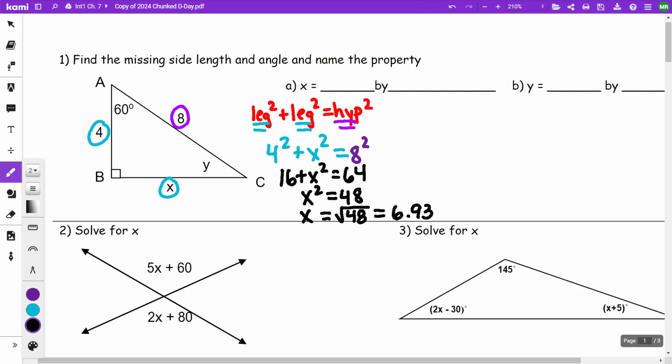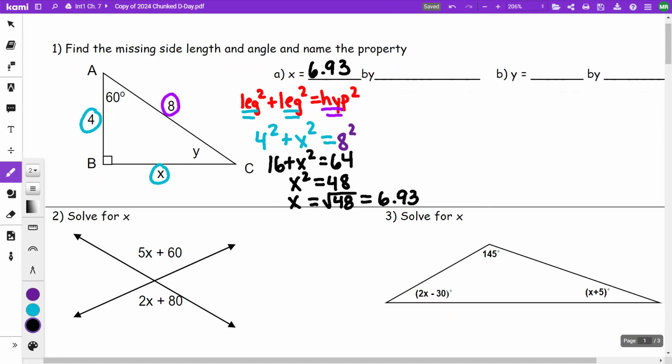So you can either give me as your answer the square root of 48 or 6.93. Now, why were we able to solve this? What did we use? We used the Pythagorean theorem.